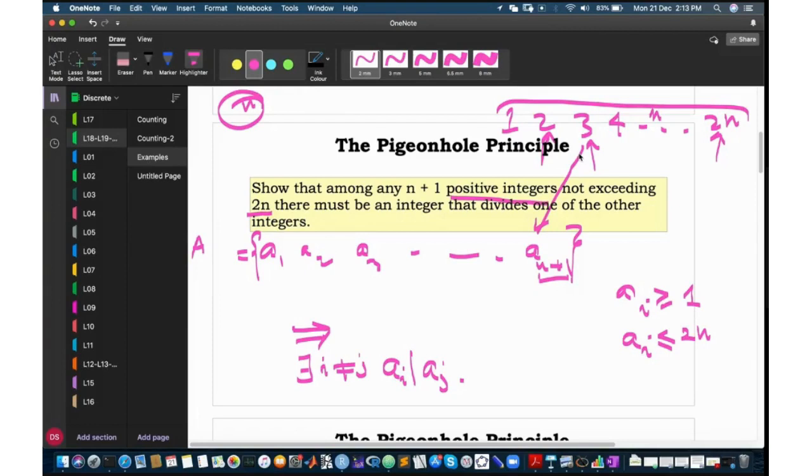But sir, these integers can also be the same? Yeah, sure. If they are the same, life becomes very easy, because then the same integer will divide itself. So we can say that we cannot choose 1 first of all, because if we choose 1, everything else will be divisible by it. Perfect. Then we can say that we cannot choose 2 either, because if we choose 2, any other even number we choose will also be divisible. That's good. I agree with you, 1 cannot be there, 2 cannot be there.